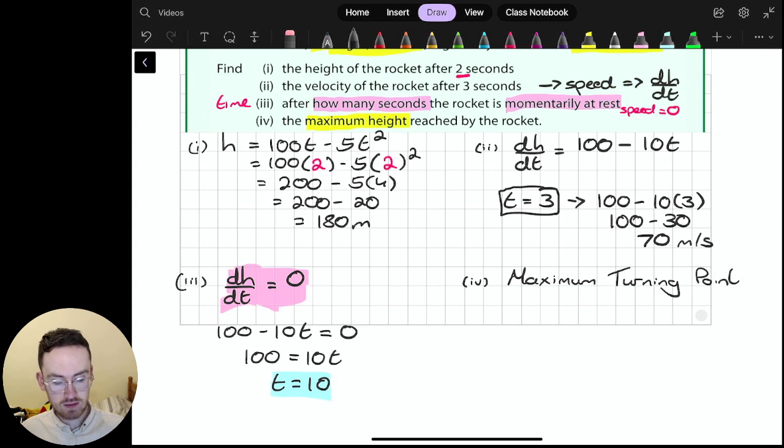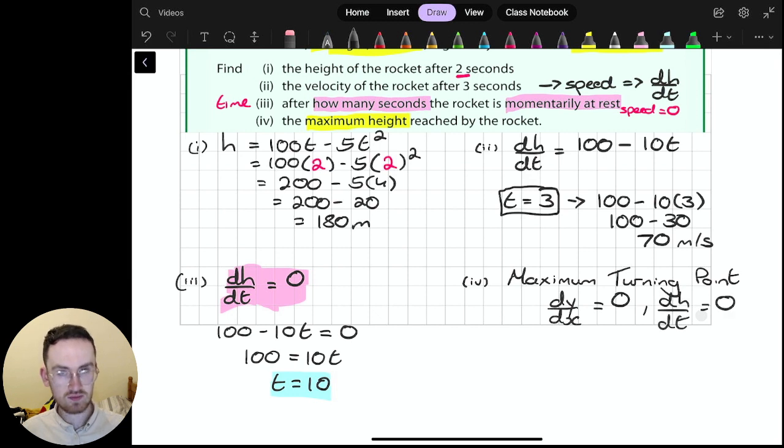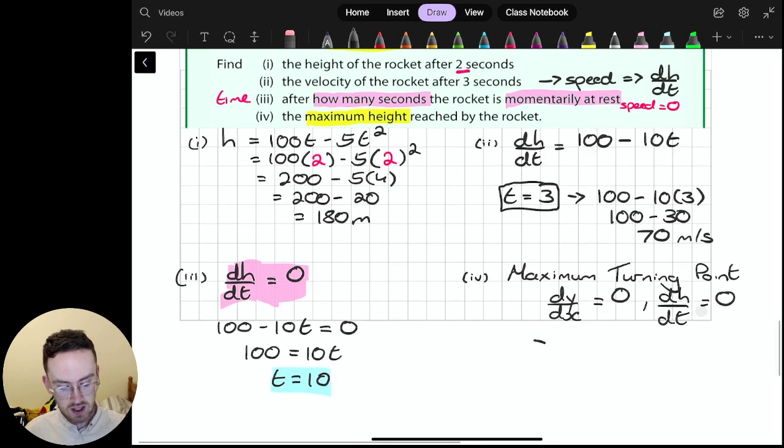At a maximum turning point, dy dx is equal to 0. Okay, in this question we don't have dy dx, but we can still use the same idea. dh dt is equal to 0. The letters are different, but it's still the same. Where is dh dt equal to 0? Well, that's when t is equal to 10.